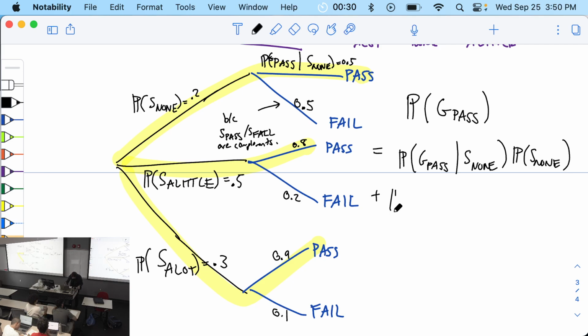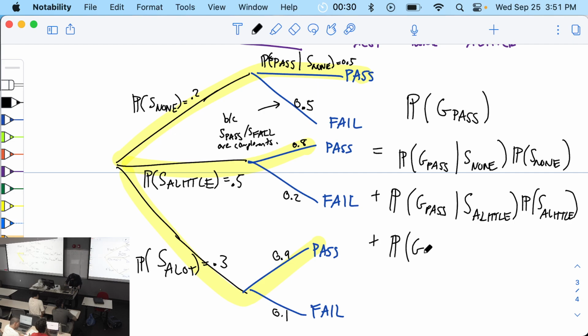Plus there's the middle branch of pass given a little times the probability of S a little. Plus there's the probability to pass given S a lot times the probability of S a lot. So this is, logically, summing over the branches of the tree.